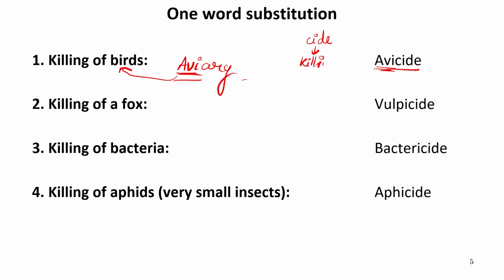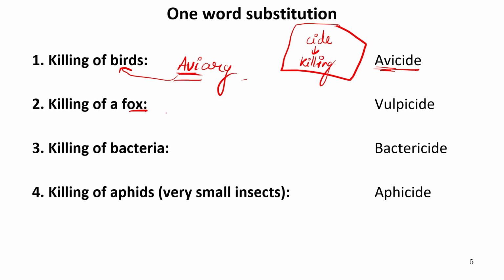So for killing, we use a root word that is side. Now, whenever we have a suffix that is side, it means it is denoting a killing of someone or something by someone. So whenever we have this suffix that is CIDE, side, it means it is related to killing of someone or something. So, killing of birds, this is known as avicide.